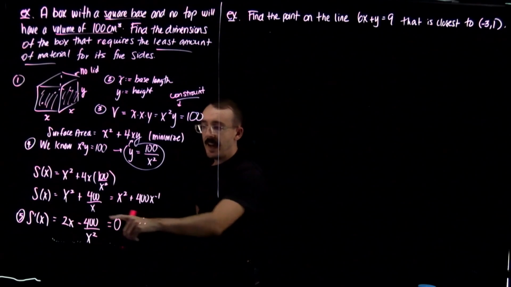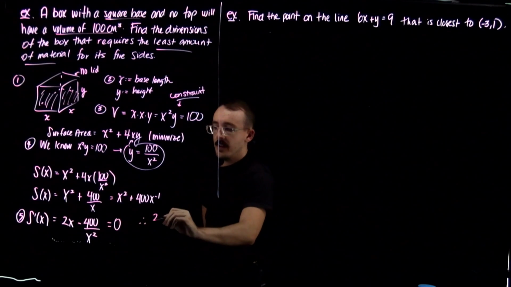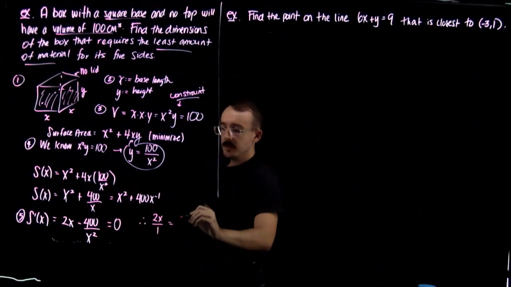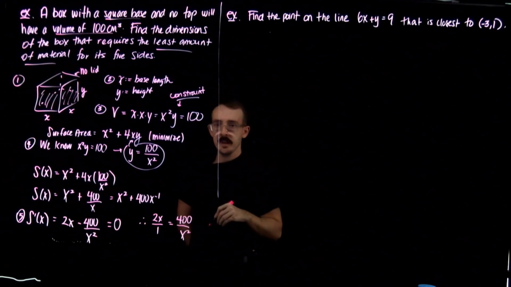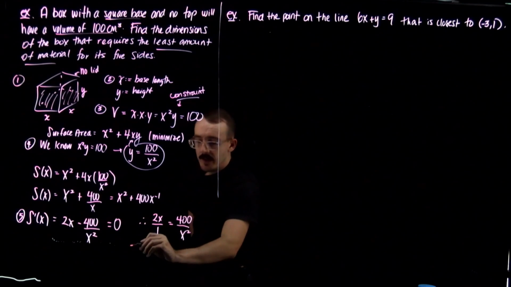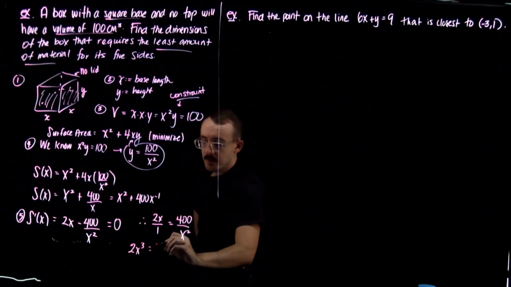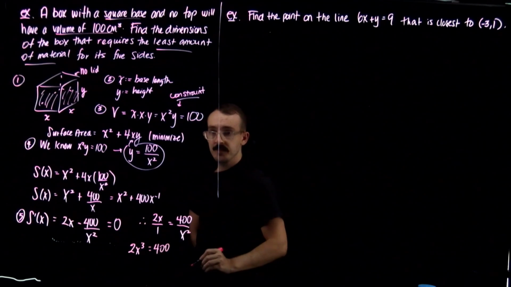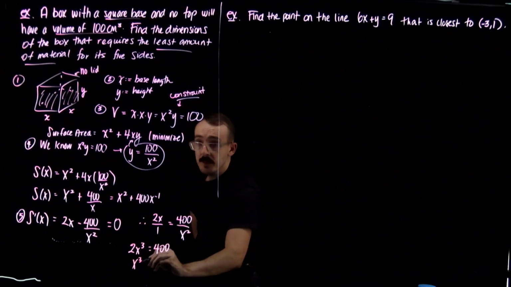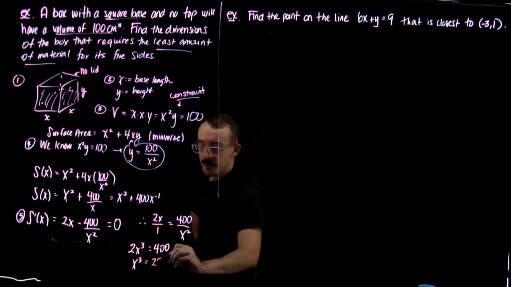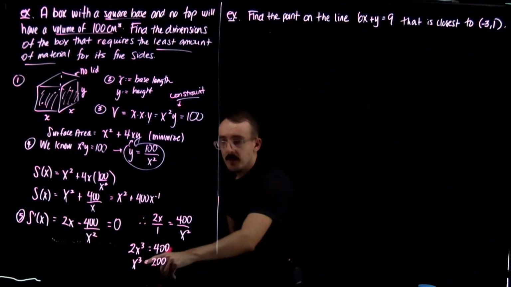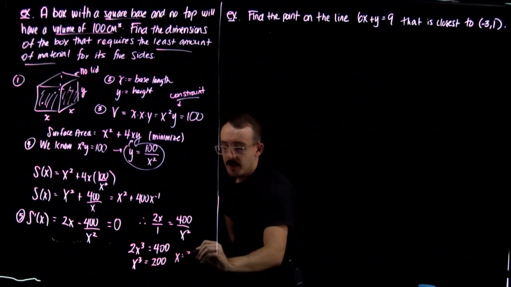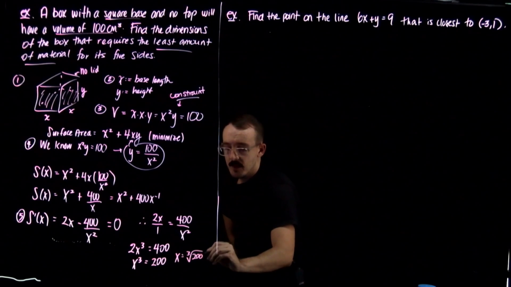Okay? If I add this fraction to the other side, I get 2x over 1 equals 400 over x squared. If you cross multiply, you get 2x cubed equals 400. This tells me that x cubed is 200. And then if I cube root both sides, x should be the cube root of 200.